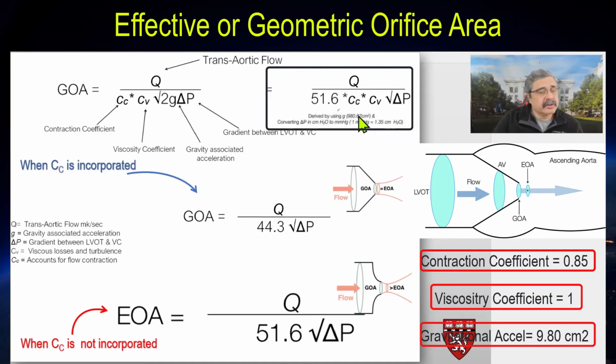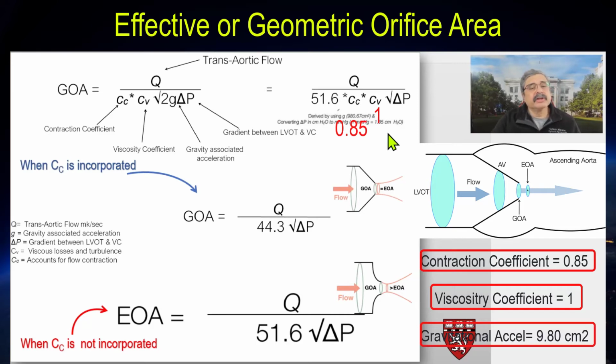Now, the contraction coefficient we all know is 0.85, and the viscosity coefficient is 1, negligible. If we finally solve the equation, it turns out to be the flow divided by 51.6 times 0.85, that's 44.3, times the gradient across the aortic valve.